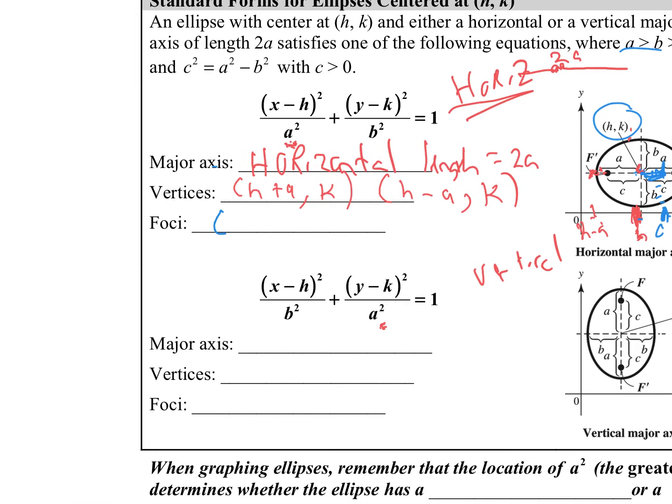I'm going to go h plus c, comma k. h minus c, comma k. h is very important because h is where I'm starting out my center.